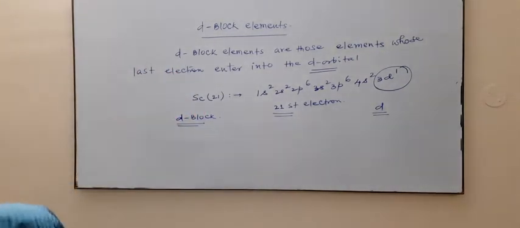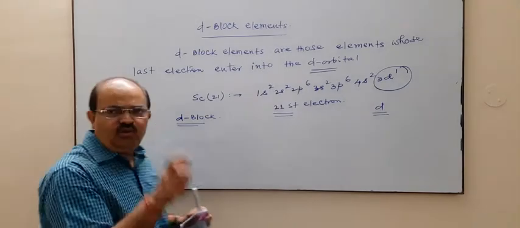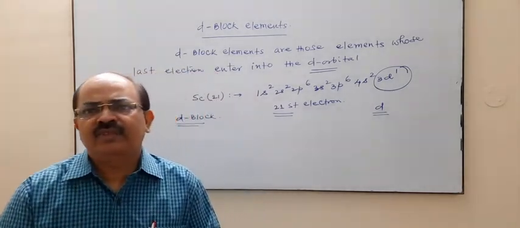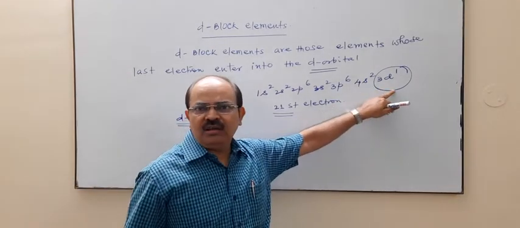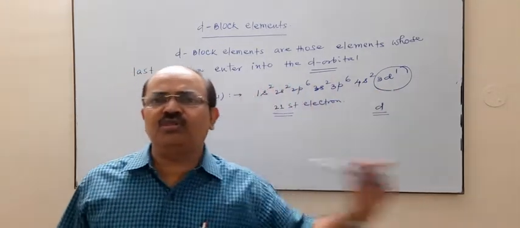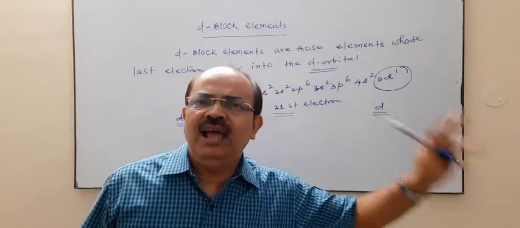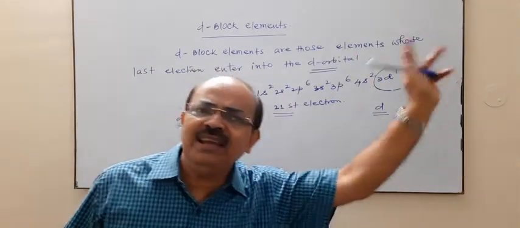Now, since we know that in the case of d orbital, d1 will be d block, d2 will also be d block, d3 will also be d block, and so on finally up to d10.